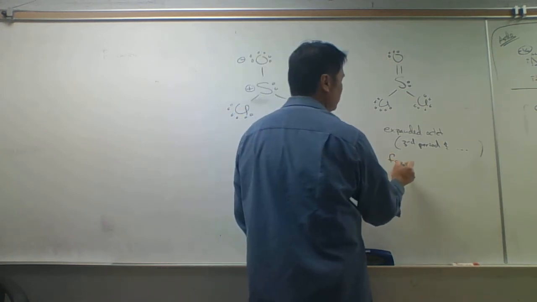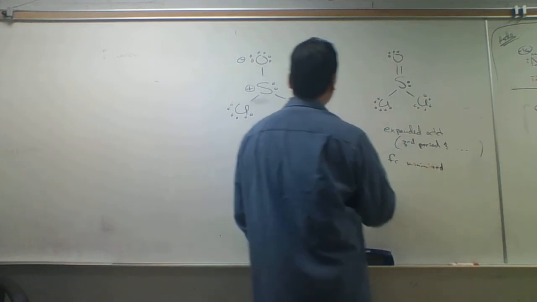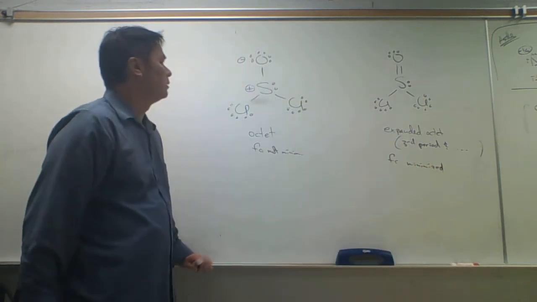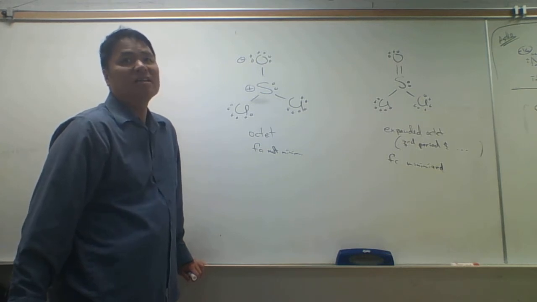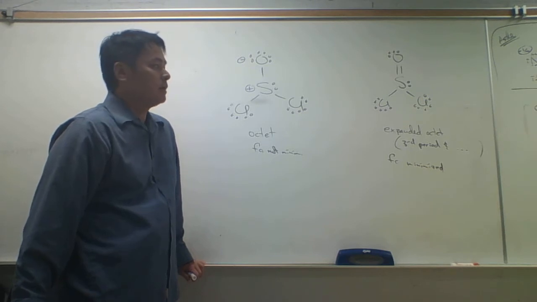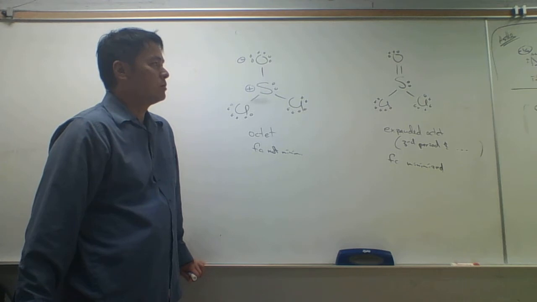But the formal charge is minimized. And so what should we do? Should we leave the octet, or should we expand the octet? And typically what's done is you expand the octet. Typically, but sometimes we run into potential issues, which we'll talk about later.